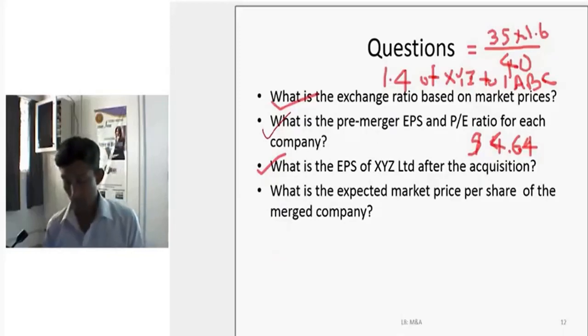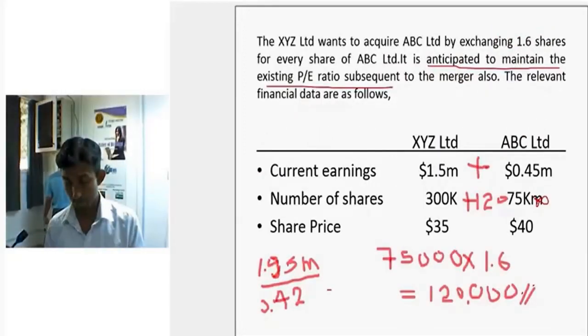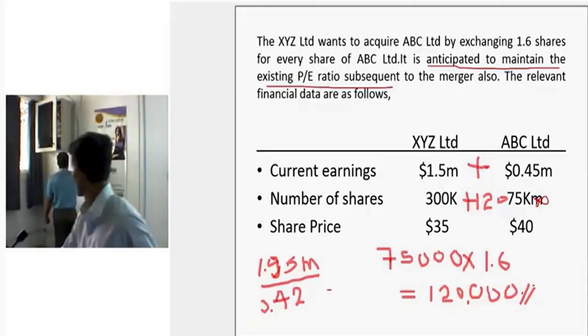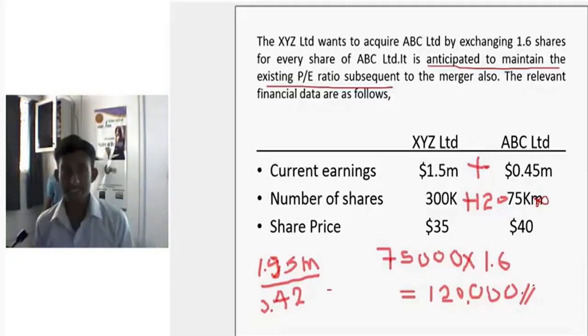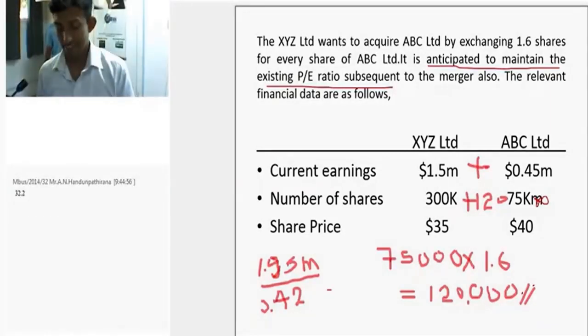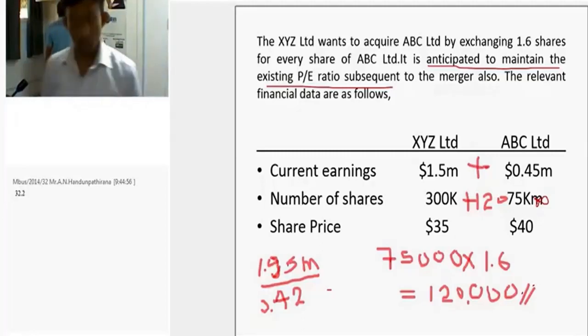What is the expected price? If you look at the question, we can use the PE ratio to calculate this. Yeah, we got an answer: 32.2. Okay, yes. How do we arrive at that answer?